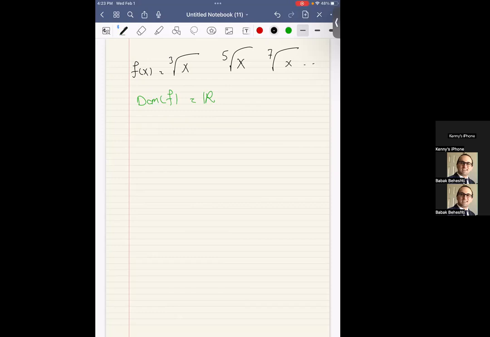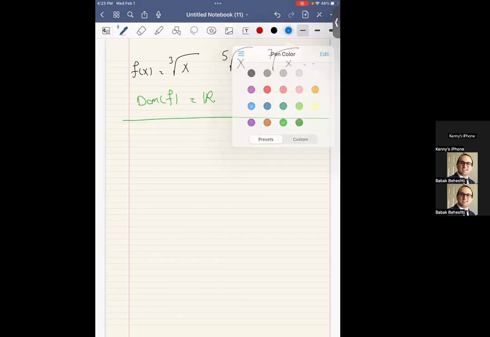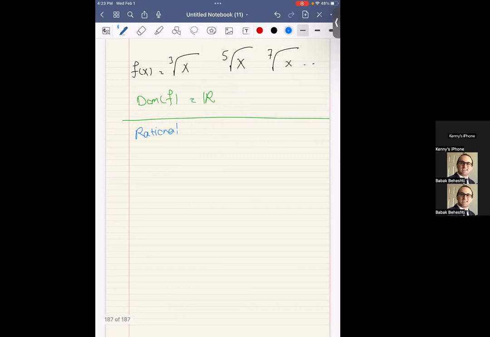Then we have rational functions, after polynomials. What is a rational function? A rational function is what you get when you divide two polynomials. So it is a function f of x equal to p of x over q of x, in which p and q are polynomials.